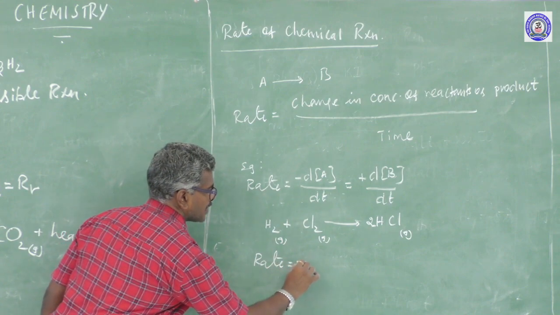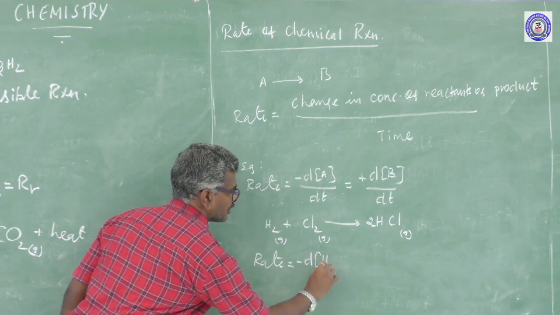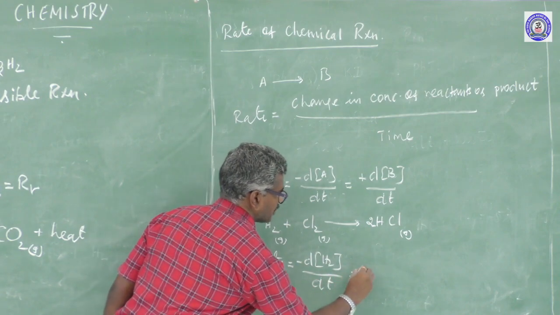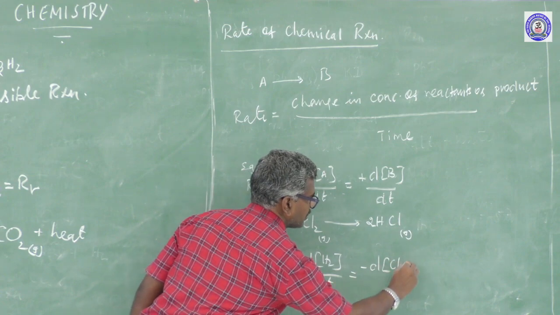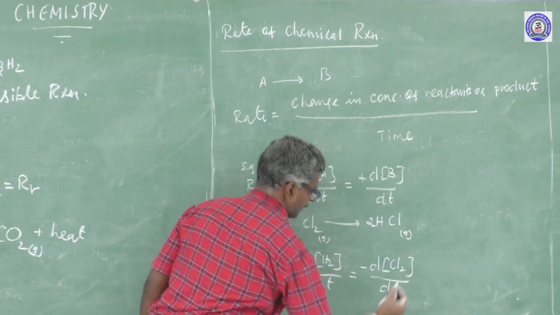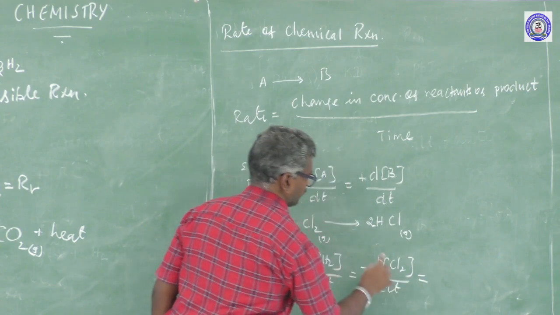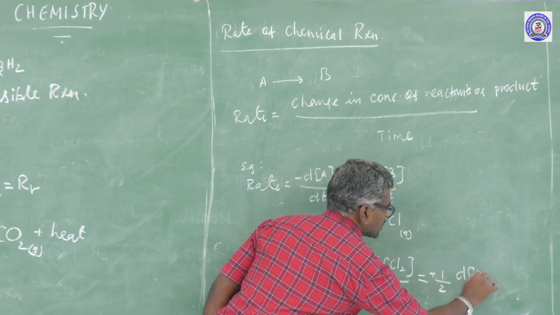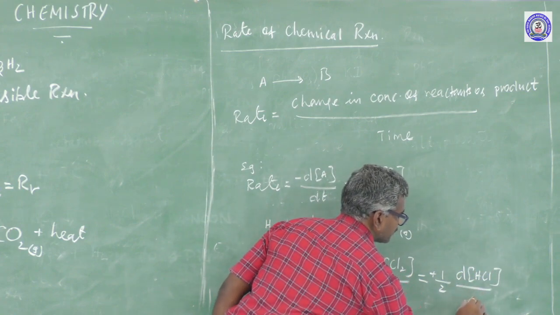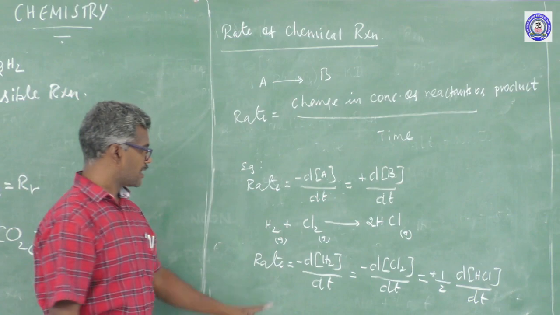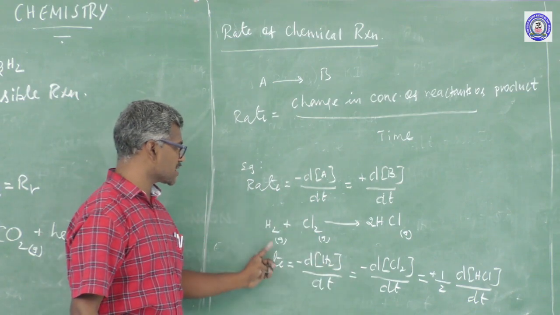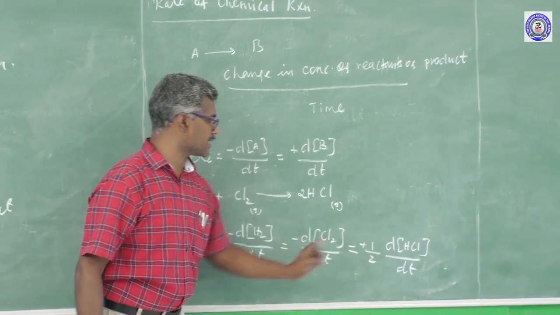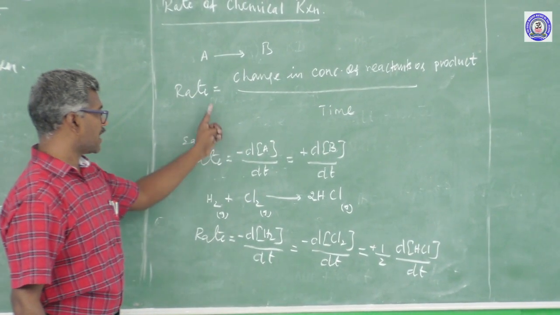Rate is equal to minus change in concentration of H2 divided by change in time, equal to minus change in concentration of Cl2 divided by change in time, equal to plus half times change in concentration of HCl divided by change in time. Here minus indicates the concentration of the reactant decreases, plus indicates the concentration of the product increases. These are the examples for rate of the reaction.